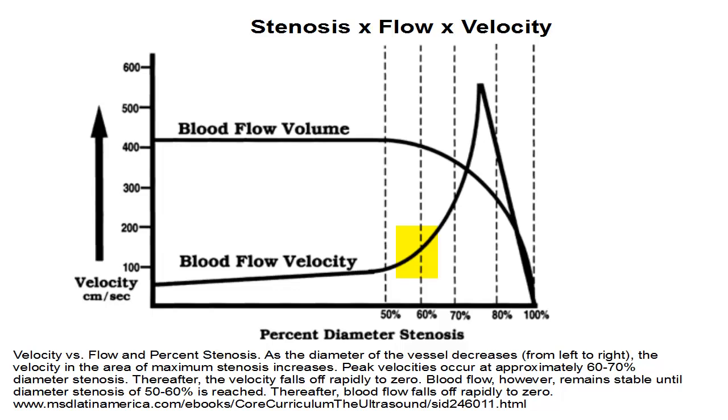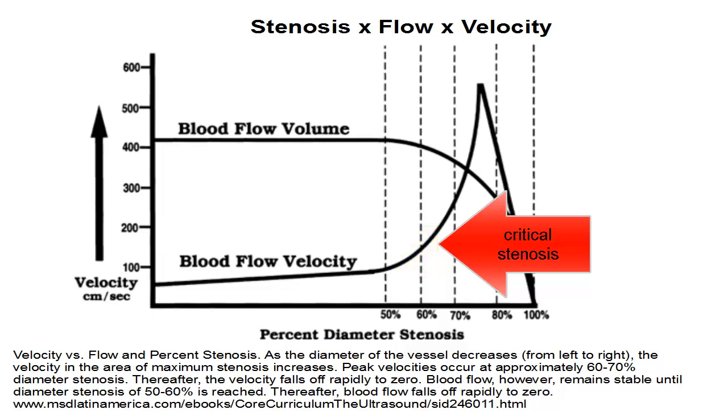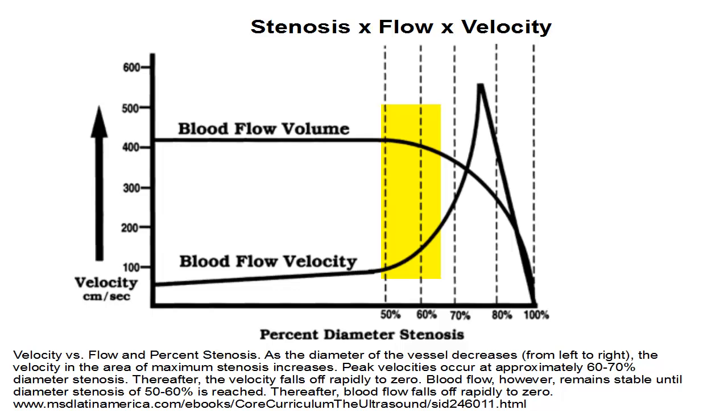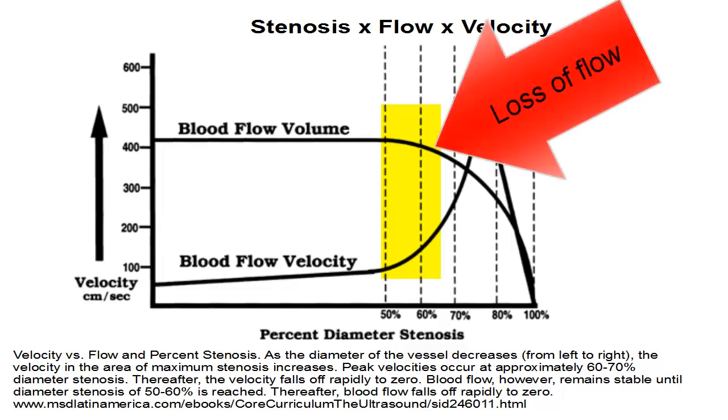This area around 60% stenosis of the artery could sometimes be called, or it is called, critical stenosis. And why is it? The answer is, if you look at the relationship between the flow and again the percentage of the stenosis, at the level of 60% stenosis, regulatory mechanisms of the artery are not able to compensate for a stenosis tighter than 60% of the artery.